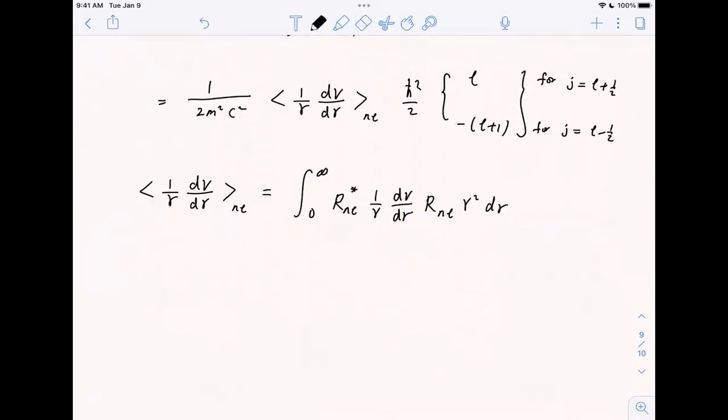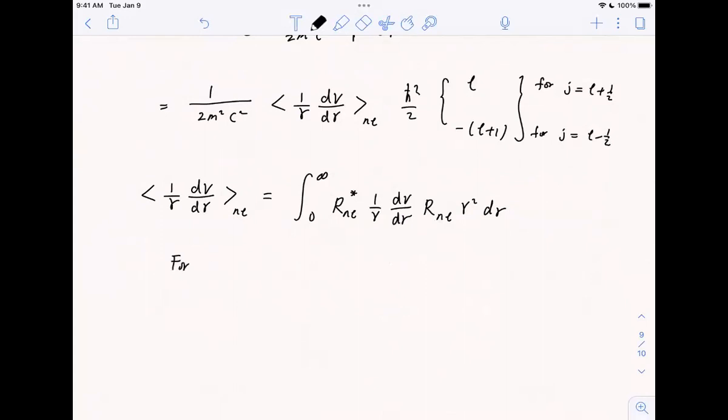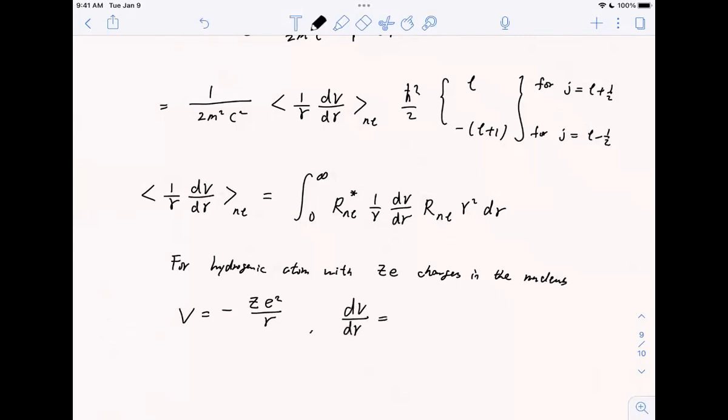So let's consider a hydrogenic atom with Z e charges in the nucleus, V equal to, and then dV, you do the derivative, you get this.